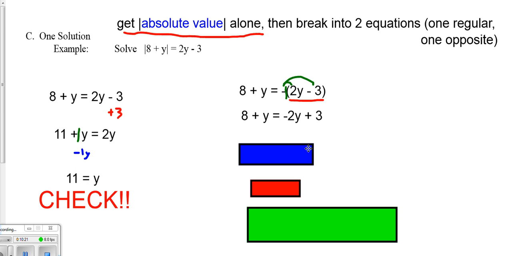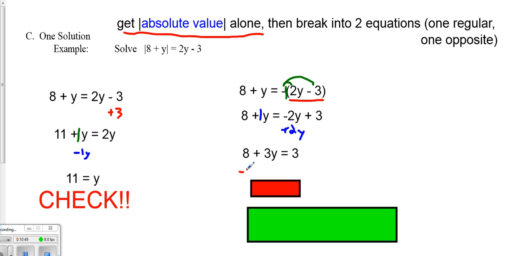Now we're going to have to check that one, but before we do, I'm going to go over and solve the other side. So from this one, we have 8 plus y equals negative 2y plus 3. So let's say maybe we add 2y to both sides. Remember, with nothing in front of it, it's like there's a 1 here. So that one is going to become 3y. 8 plus 3y equals 3.